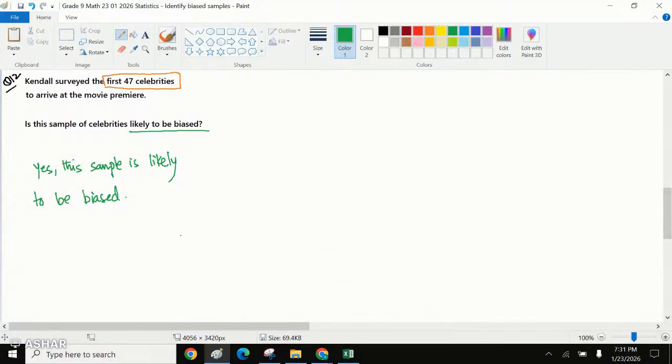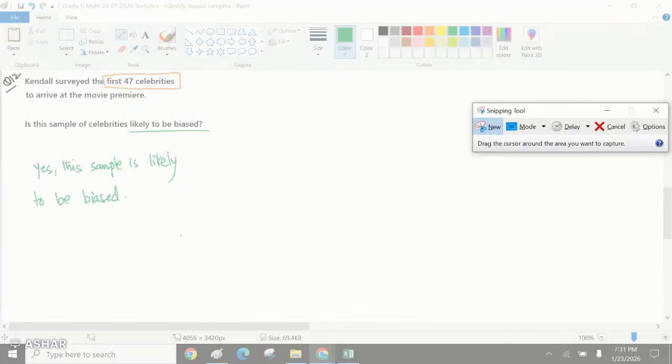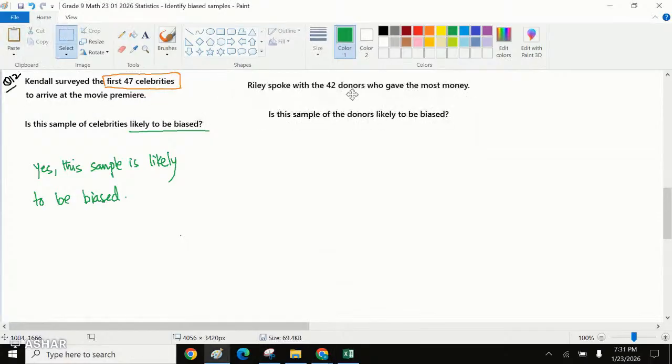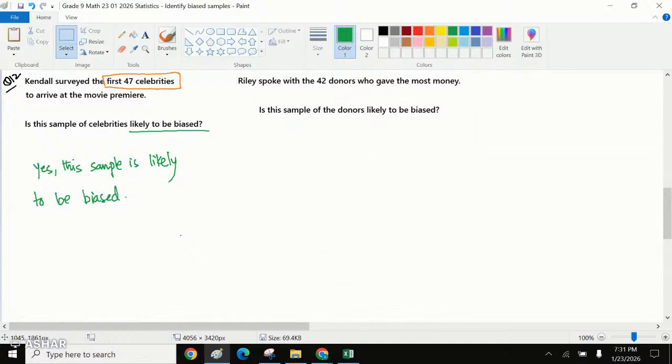Okay, so let's have a look at the next one. Riley is speaking to 42 donors who gave the most money. Is this sample likely to be biased? What do you think?